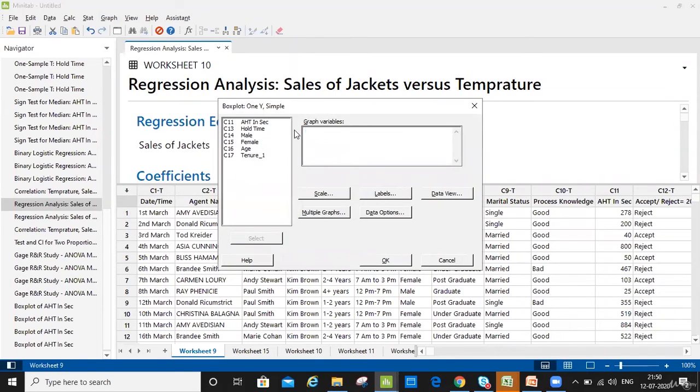Here you notice it only shows the continuous variables. You cannot do a box plot on the discrete data because it will not show you any sort of variation, because discrete data would have attribute sort of data. Okay, so let's do it on the HT here. I click on OK.